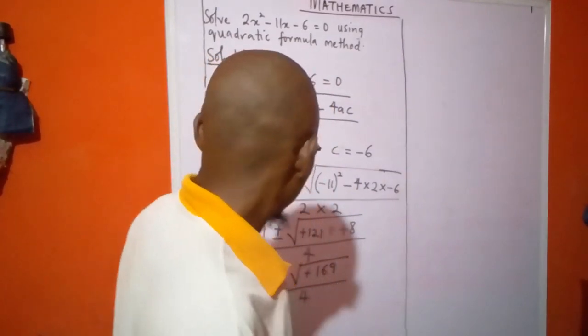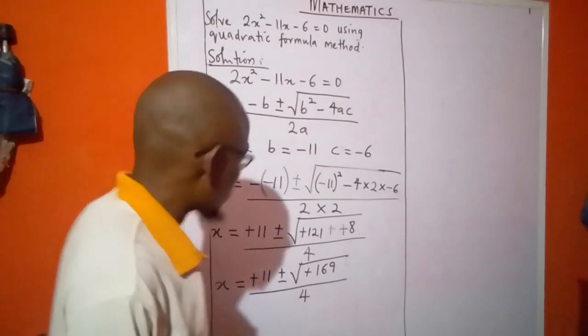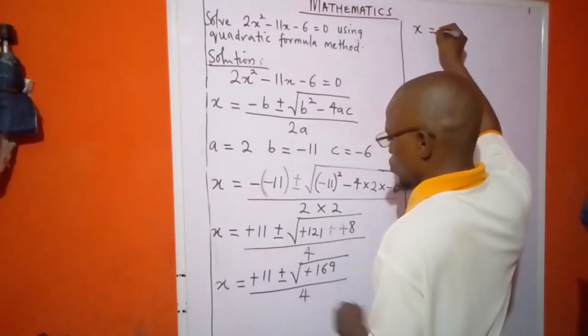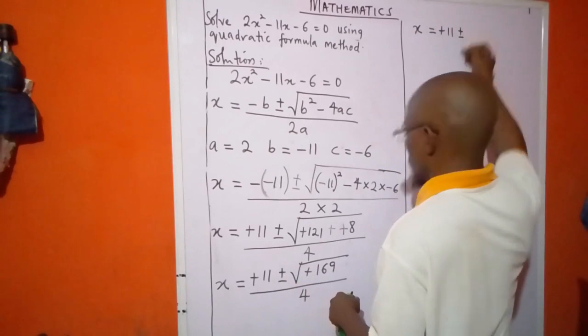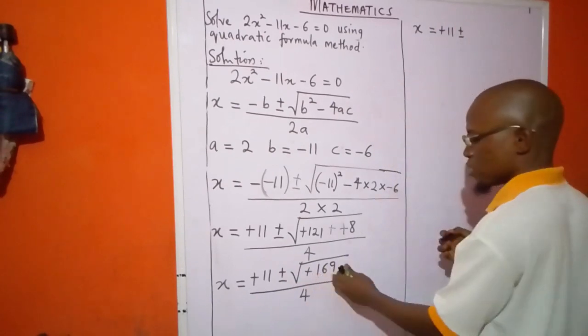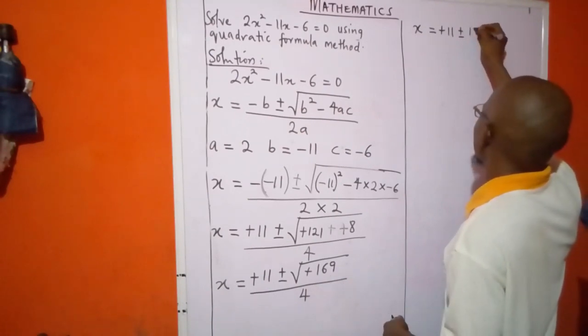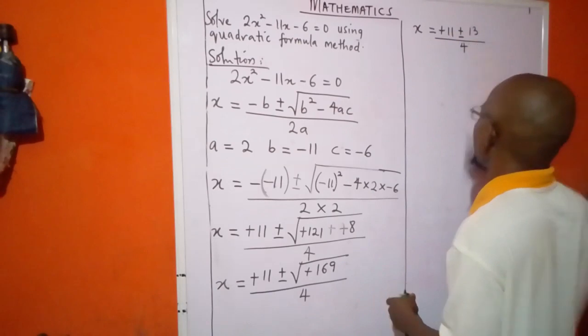Okay, so this is what we have up to this level. Then the next thing is, we now have x equal to plus 11 plus or minus the square root of 169. We are going to be having it to be 13. Everything over 4.